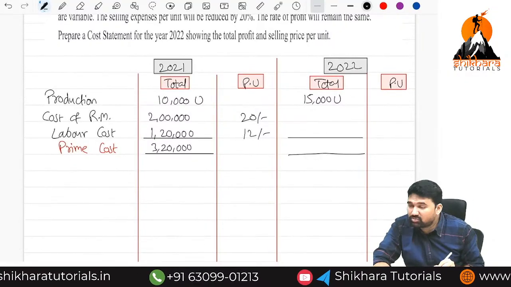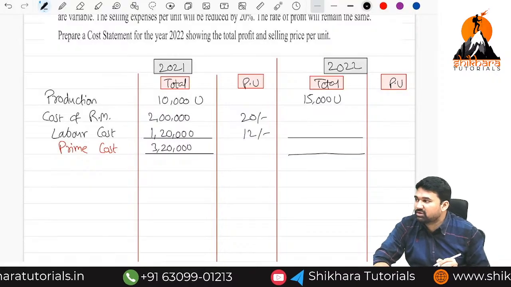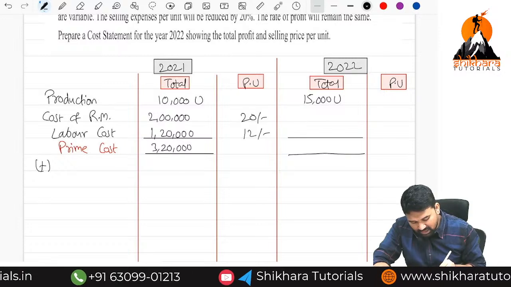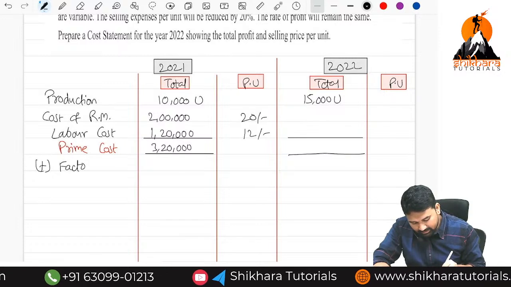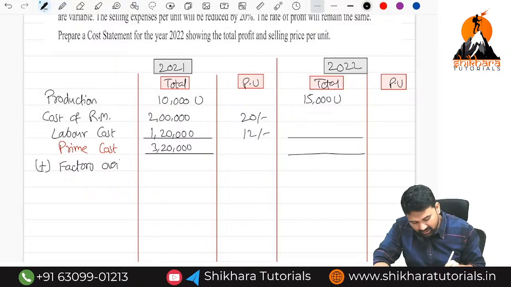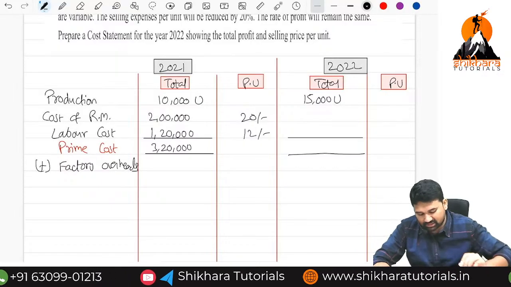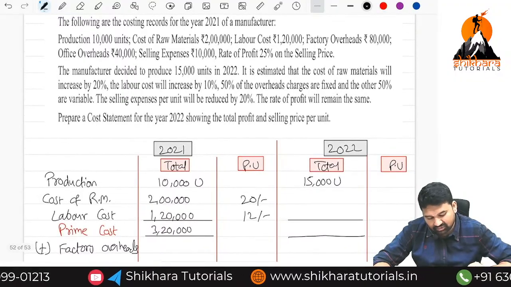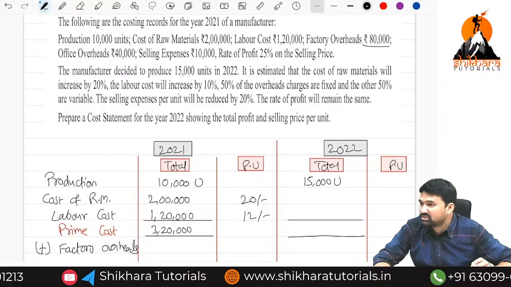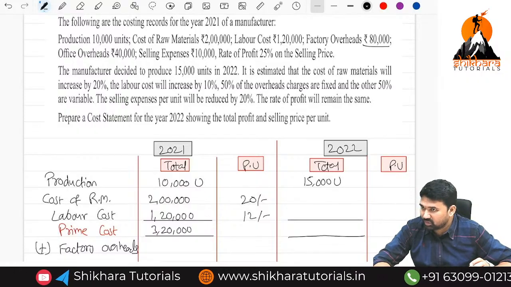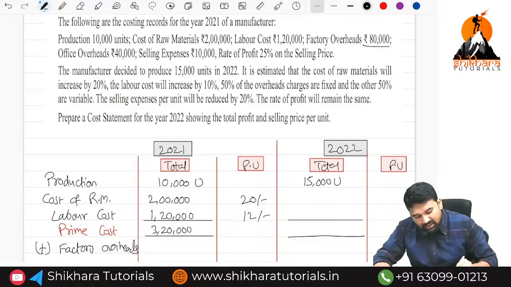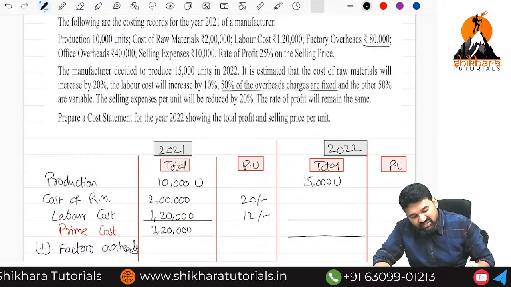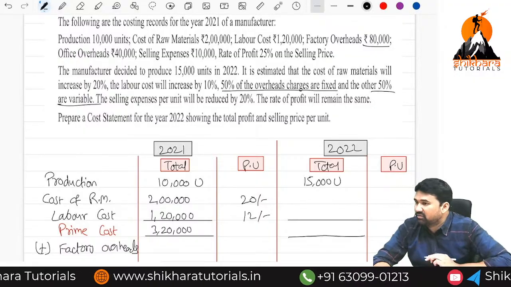And to prime cost, in the original structure of cost sheet, we have to add factory overheads. Factory overheads how much? 80,000. Listen carefully. What he has written here, 50% of the overheads fixed and 50% is variable.